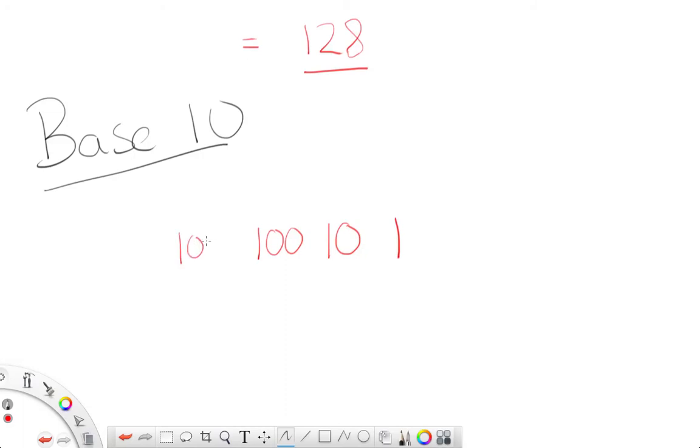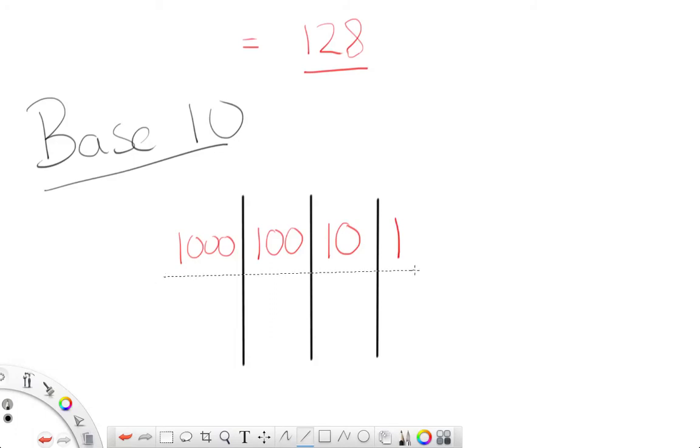If I go up again, it becomes thousands. I'm going to try my best to just draw some straight lines in here. There we go. And we can represent numbers using these columns, any number really.